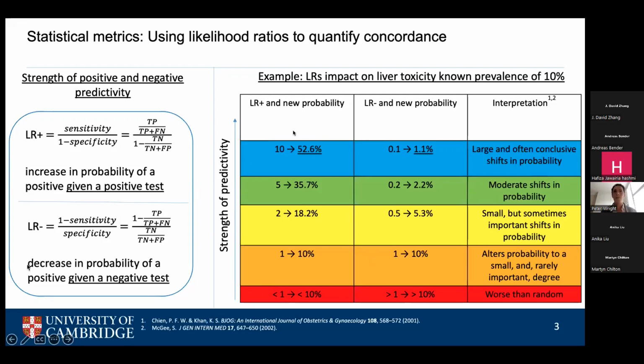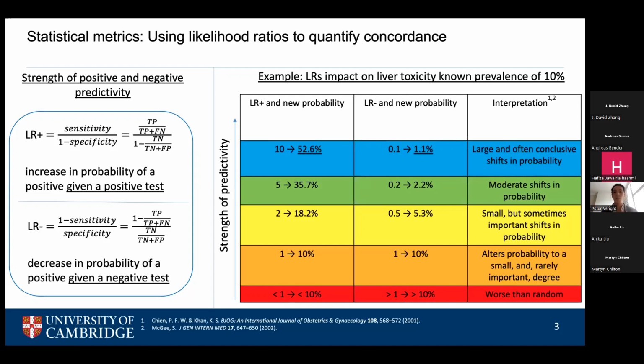There's a little case study showing that if, for example, liver toxicity in dog has a prevalence of 10%, a test with a likelihood ratio plus of 10 and a likelihood ratio minus of 0.1, how that would change the probability of observing that toxicity after observing it in the test species.